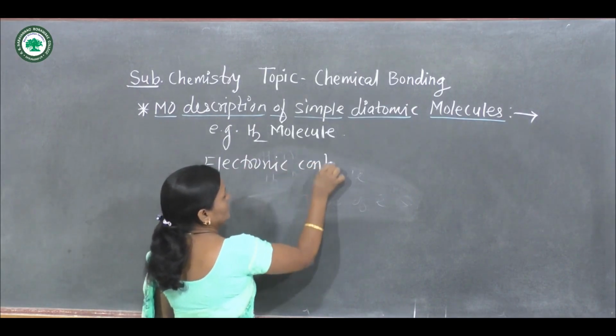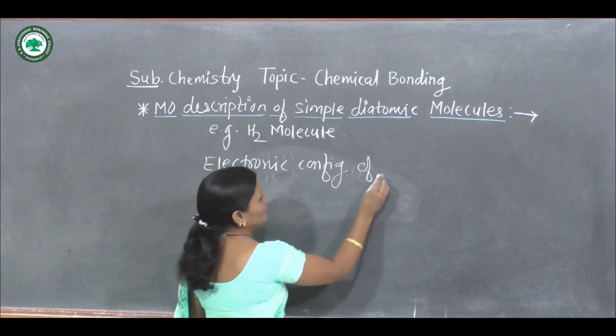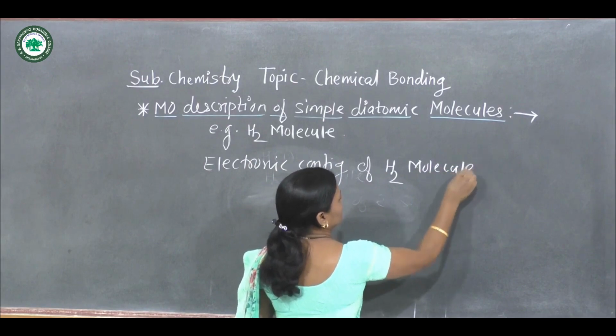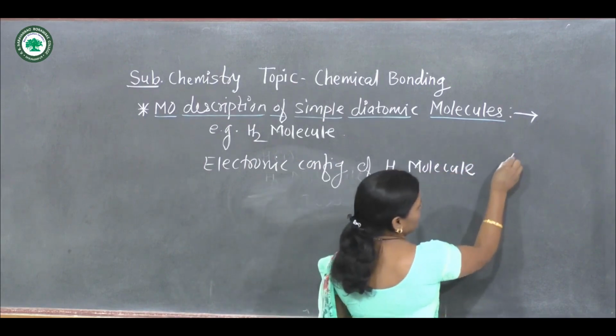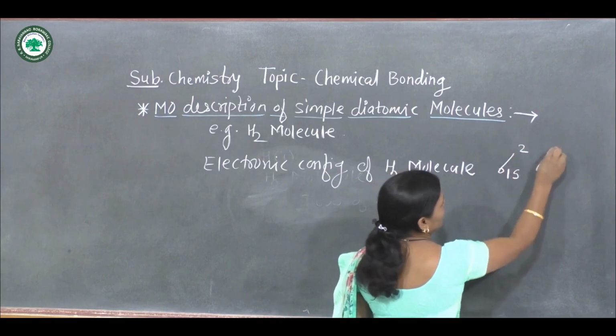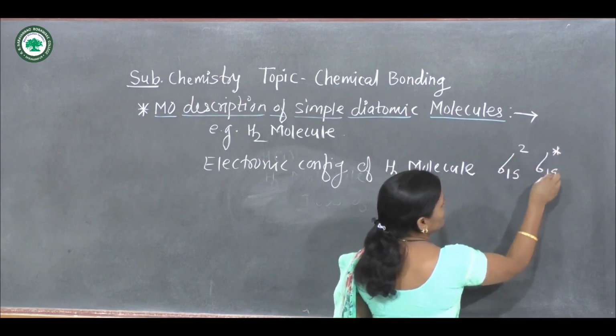The electronic configuration of H2 molecule is given by sigma 1s 2, sigma star 1s 0.